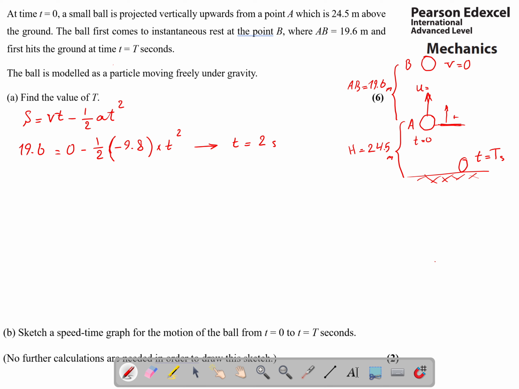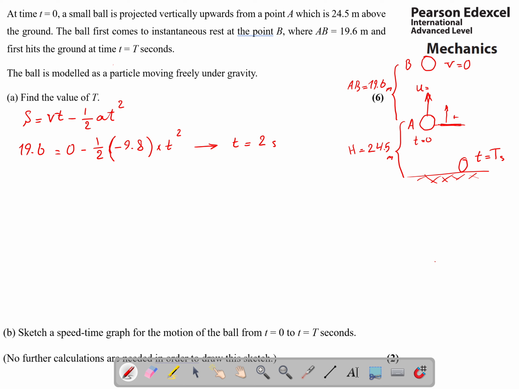Okay, this is one solution. Or you can write the equation between point B and the final point because you know the total displacement, and use another equation to find the time. I prefer first to find the initial velocity u.